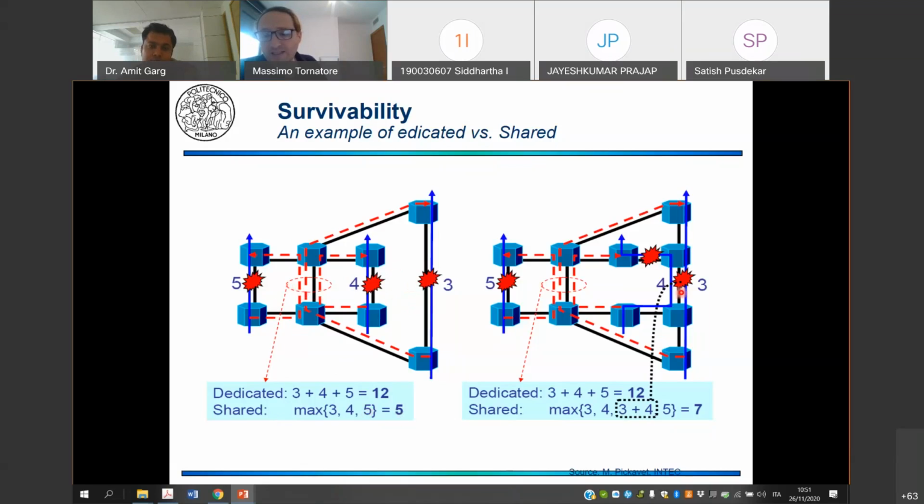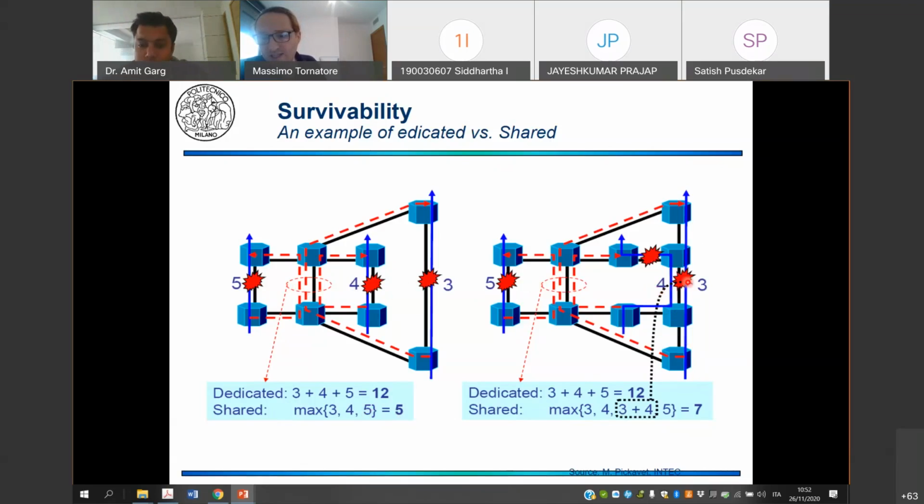If the working paths that I'm protecting are not link disjoint, for example, now the blue path shares a link with this other blue path, then the capacity that I need here is the maximum capacity needed on a link where I have the working paths.